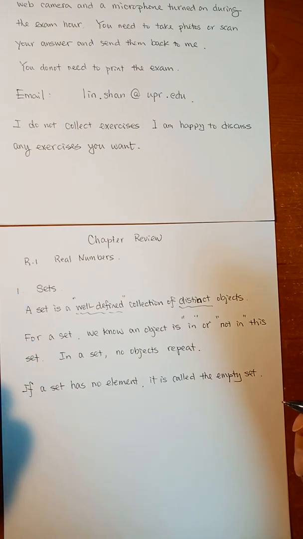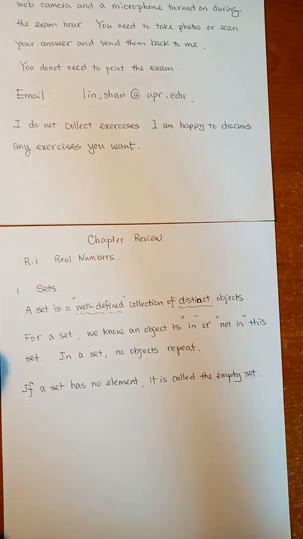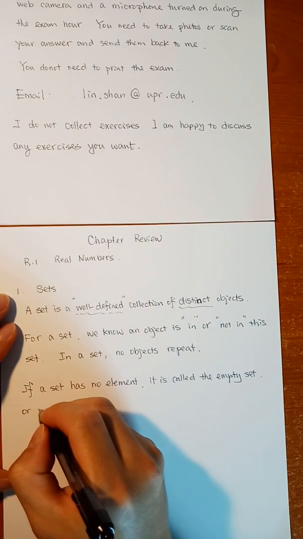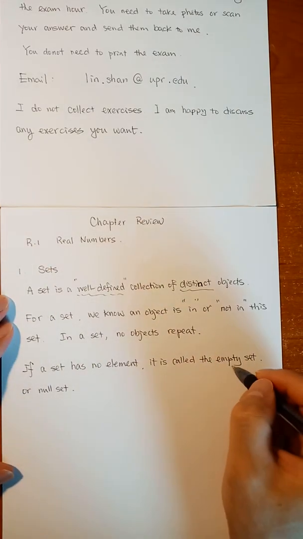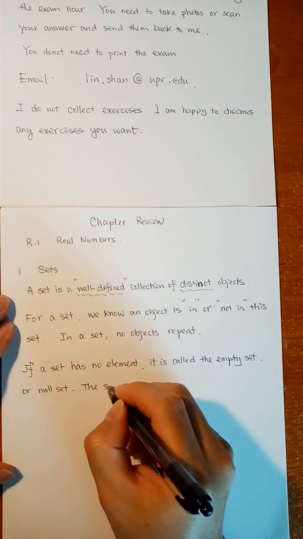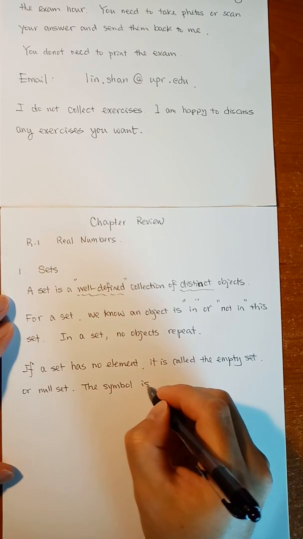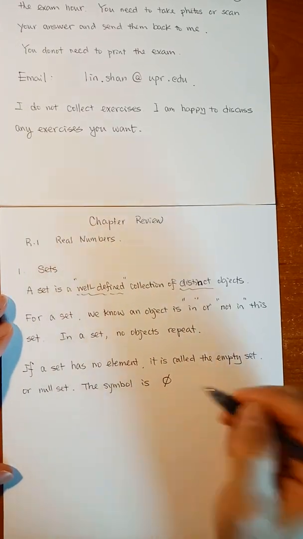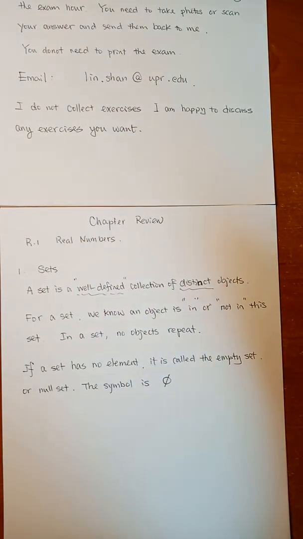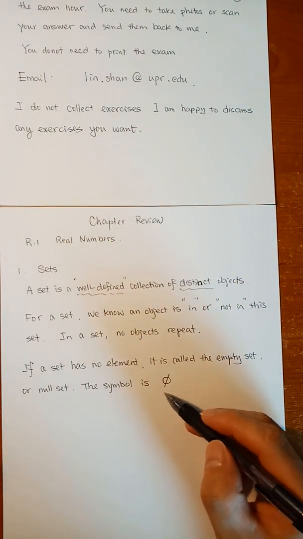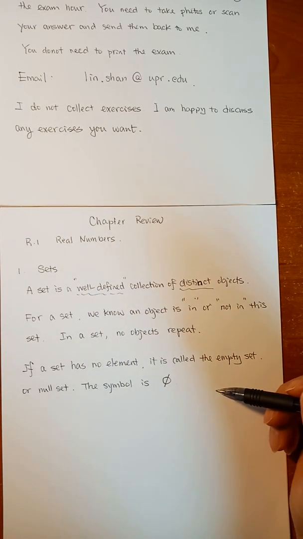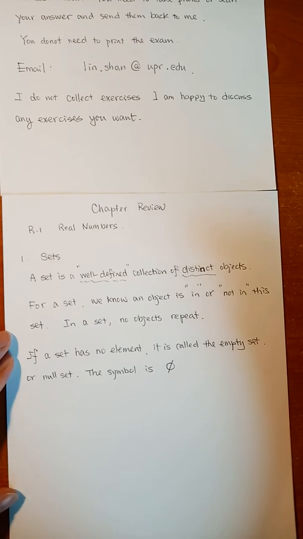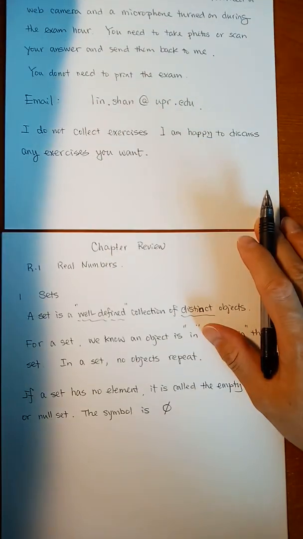Empty set means nothing inside. Empty or null set. For the empty set, the symbol is this: you put a 0 and an extra segment. Later, whenever you see such a symbol, it means it is an empty set. No elements or no objects belong to this set. So that's the abstract definition.